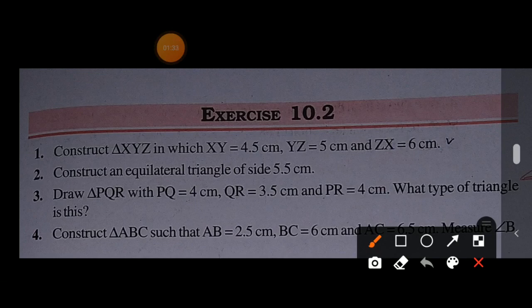First we draw a baseline of 5.5 centimeter. Suppose it is our A and it is our B. Now from point B we draw the one arc of 5.5 centimeter like this, and from point A again we draw one more arc of 5.5 centimeter that cut the previous arc at this point with the help of rounder.